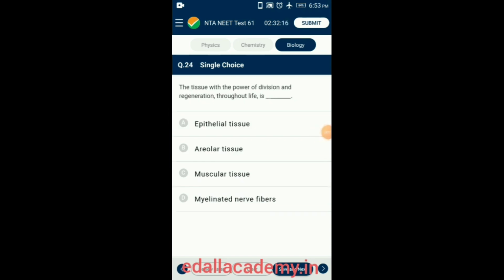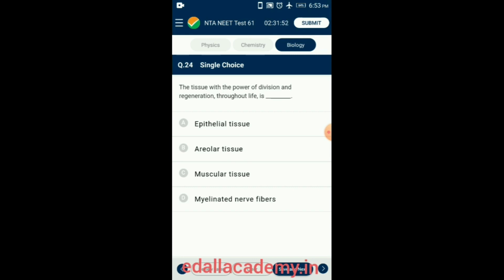Number 24. The tissue with the power of division and regeneration throughout life is. Epithelial tissue covers the outside of the body and lines organ cavities. The tissue always rests upon underlying connective tissue and the cells are closely packed with each other, so there is very little intercellular space.